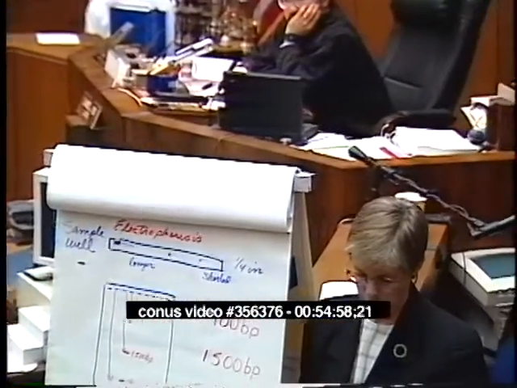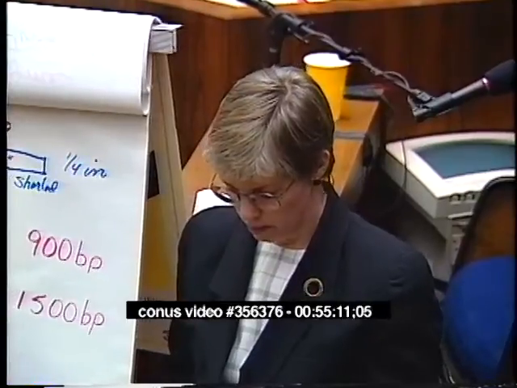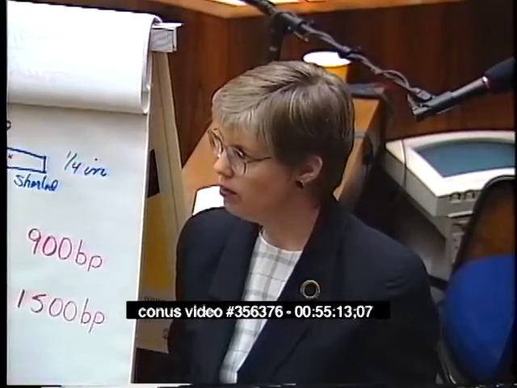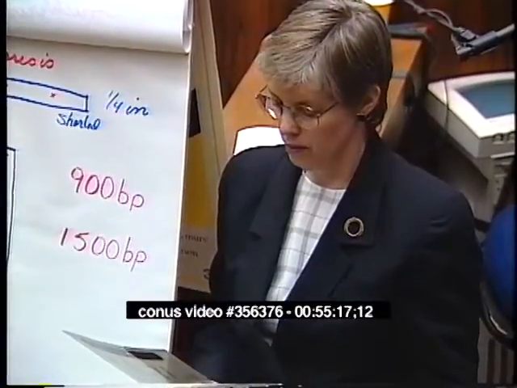What is that? This is a copy of one of the autoradiographs that was produced in this case. And is that typically what an X-ray or autoradiograph looks like following the use of this RFLP typing process? Yes.